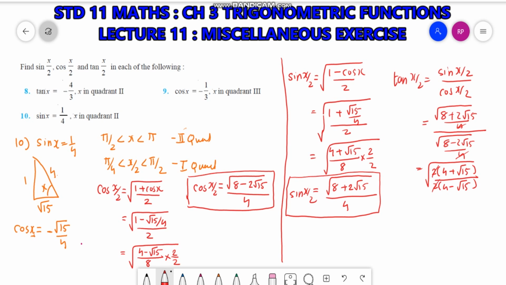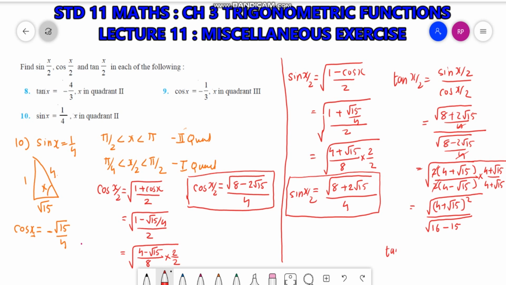So the 2 gets cancelled here. Now what I will do, I will multiply it with the conjugate, 4 plus root 15 upon 4 plus root 15. Now see, 4 plus root 15 into 4 plus root 15, that will be 4 plus root 15 whole square, and in the denominator 4 minus root 15 into 4 plus root 15. That is a square minus b square, a minus b, a plus b. So 16 minus 15, that will be equal to 1, and square root of 1 is 1.